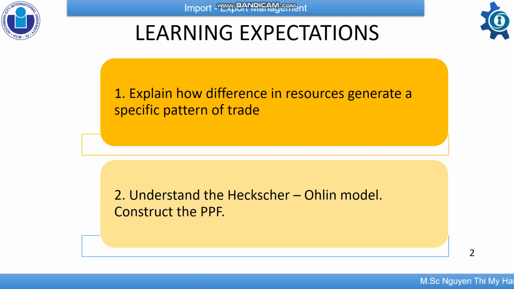After this lesson, I expect that you can explain how differences in resources generate a specific pattern of trade, that you understand the Heckscher-Ohlin model, and that you know how to construct the PPF.